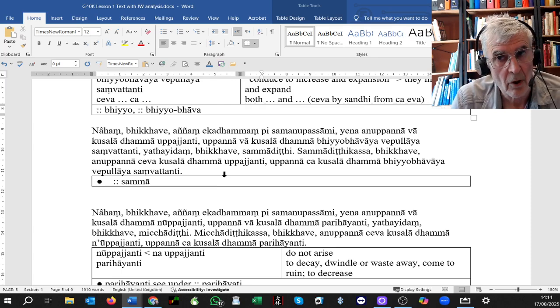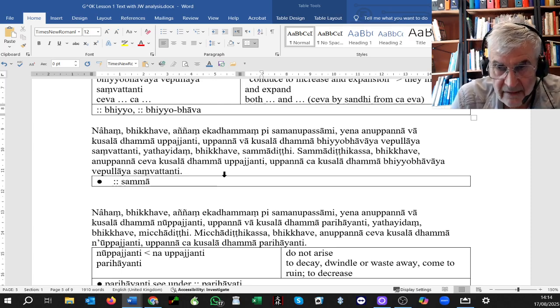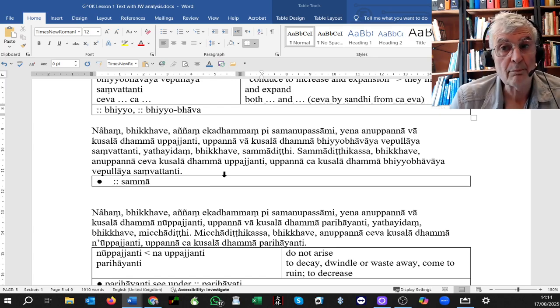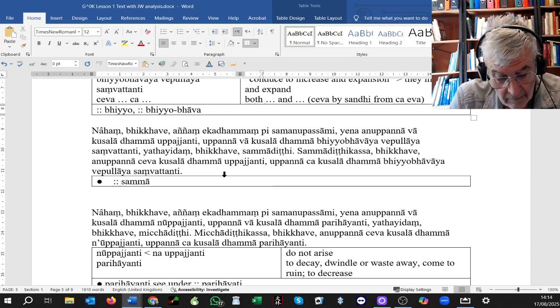Sammaditthi, of course, is the opposite of micchaditthi. Sammaditthi, right view, which, of course, is one of the factors of the Noble Eightfold Path. Sammaditthikassa bhikkhave anuppanna cheva kusala dhamma uppajjanti uppanna ca kusala dhamma bhiyyo bhavaya vepullaya samvattanti.